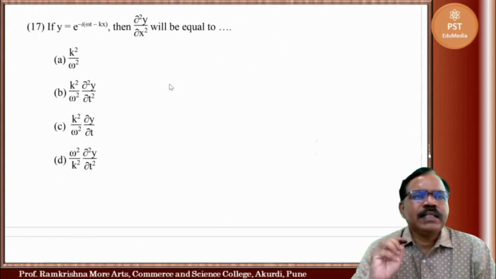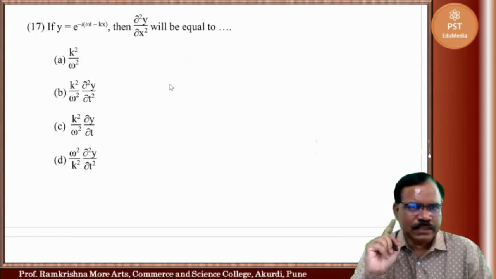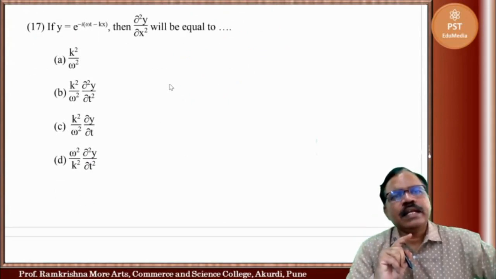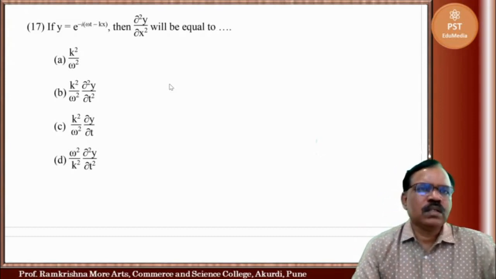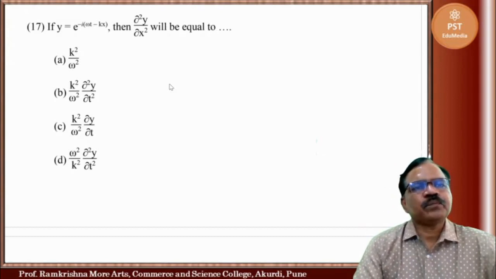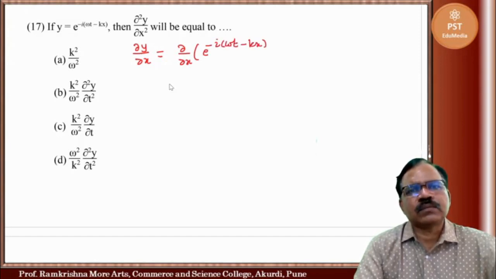Now if y is equal to e raised to minus i in bracket omega t minus kx, then partial 2 y by partial x square will be equal to. Now here partial y by partial x is equal to partial by partial x of e raised to minus i in bracket omega t minus kx.